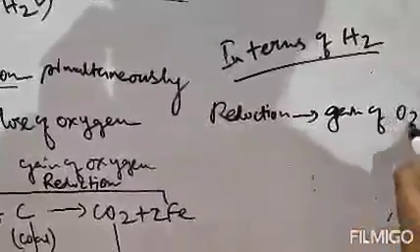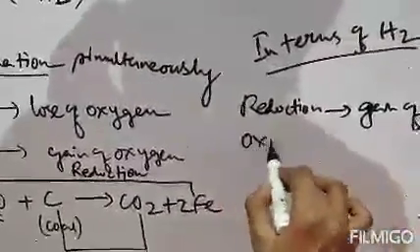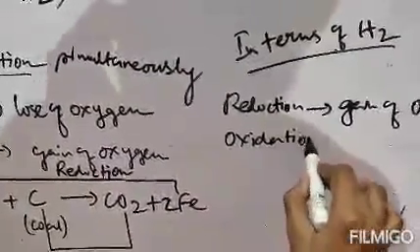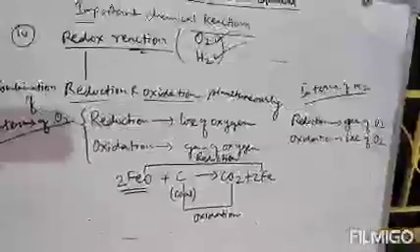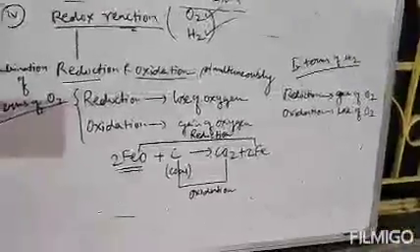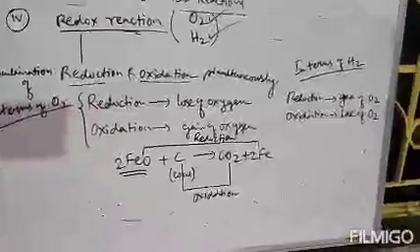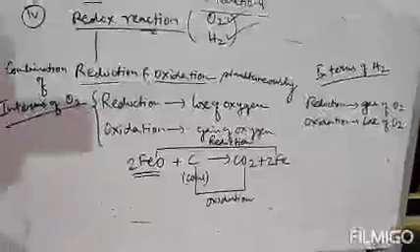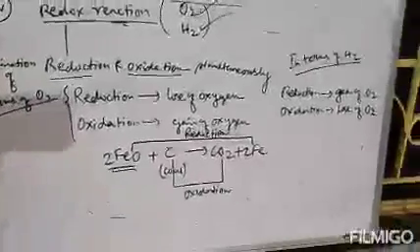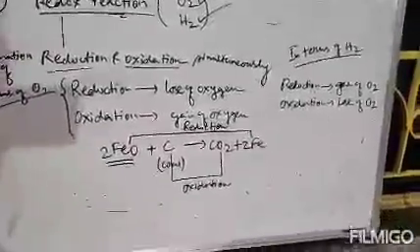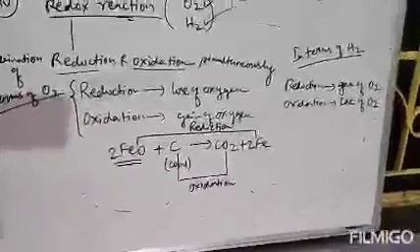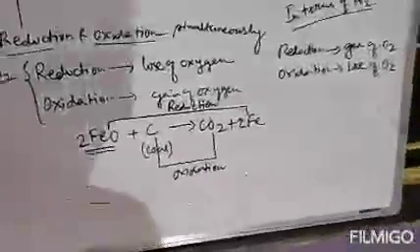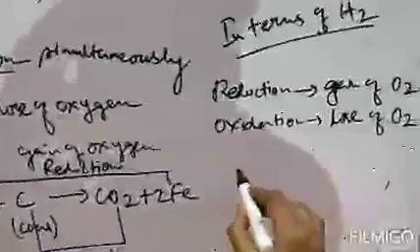Here reduction means gain of hydrogen and oxidation means loss of hydrogen. Clear? Just see side by side. In terms of hydrogen, it is just the reverse of oxygen. Clear? So let's take an example.